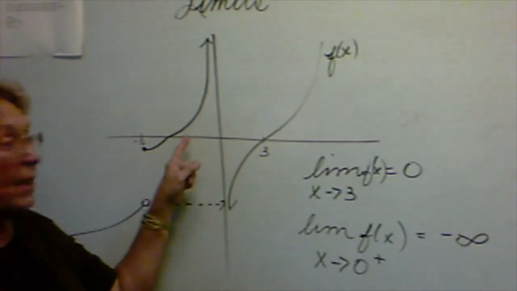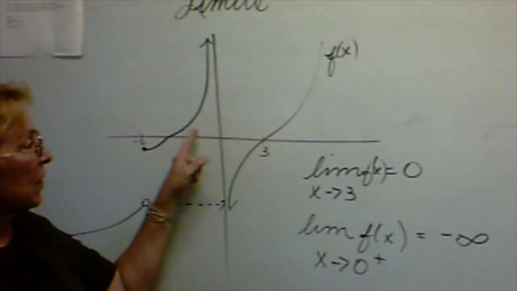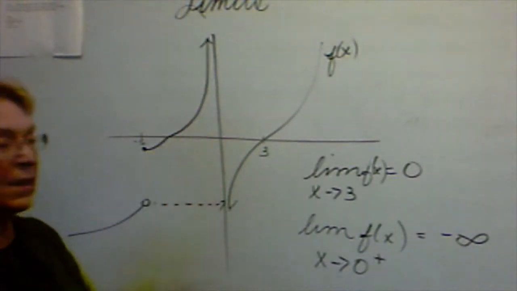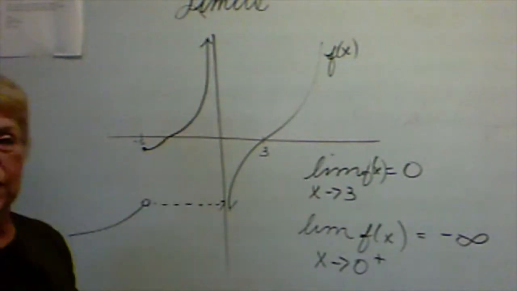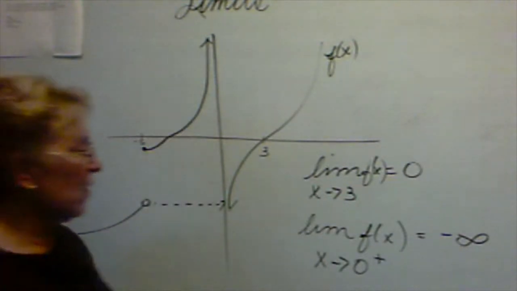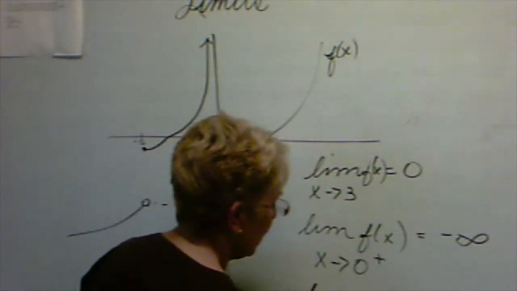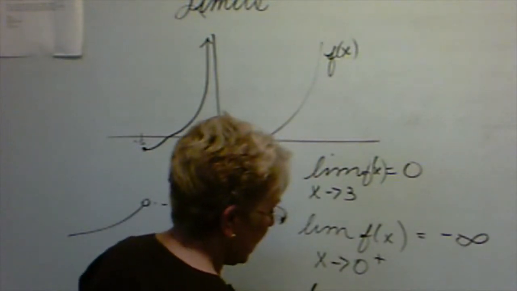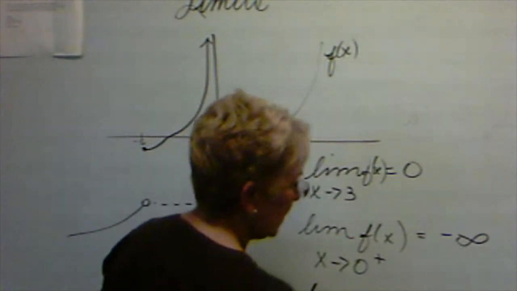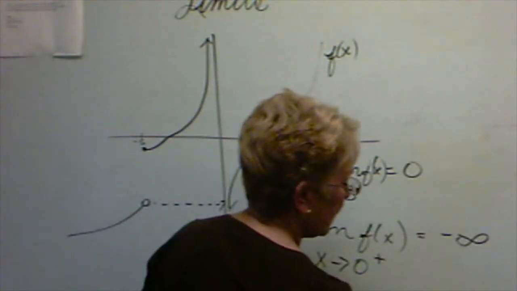Likewise, if we were asked the limit of this function as x approaches 0 from the left, we can see that it's on the other side of the asymptote and going really large. So we're going to write, if there's room for this on the camera, the limit as x approaches 0 from the left is going to be positive infinity.